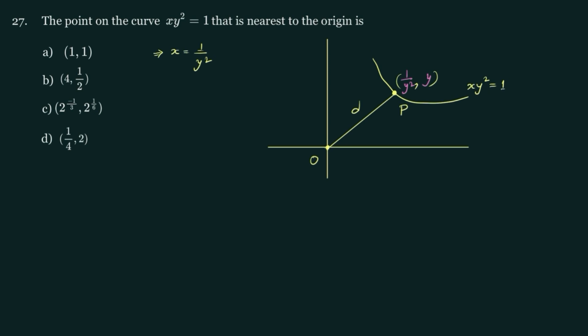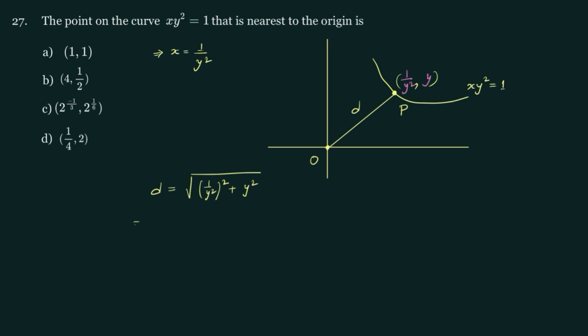Because in place of x, I can write 1 by y square, and the coordinate of y is, I am supposing, y only. And we will find the distance between these 2 points using distance formula. So by distance formula, the value of d should be equal to square root of x square. Now in place of x, I have 1 by y square whole square plus y square, and in place of y, I have y only.